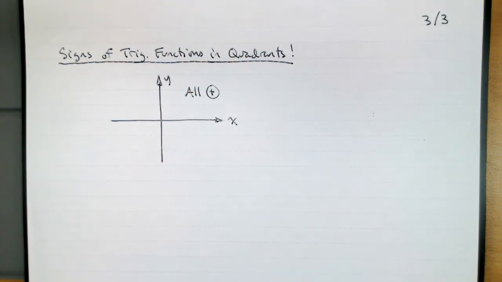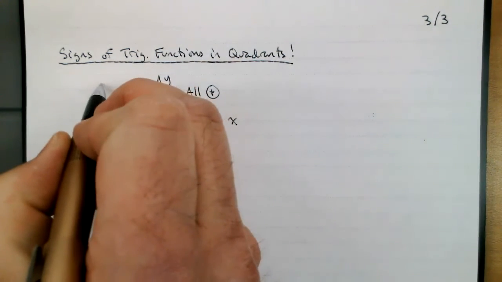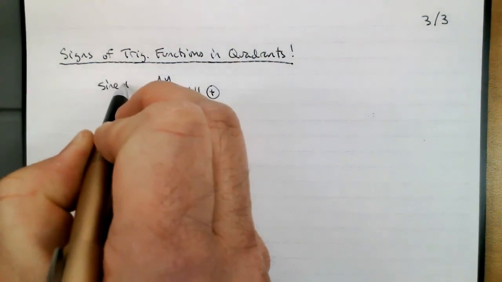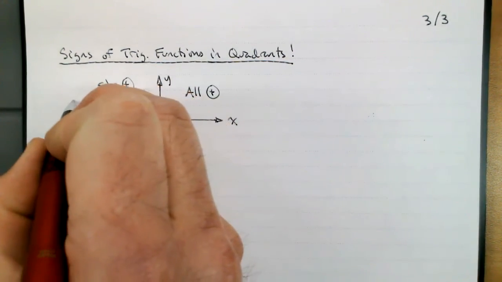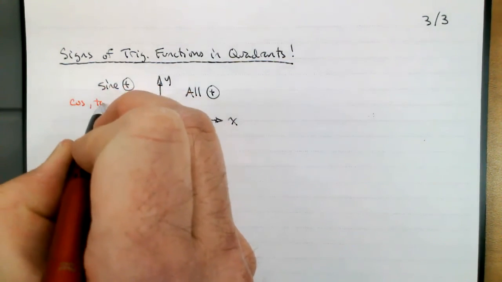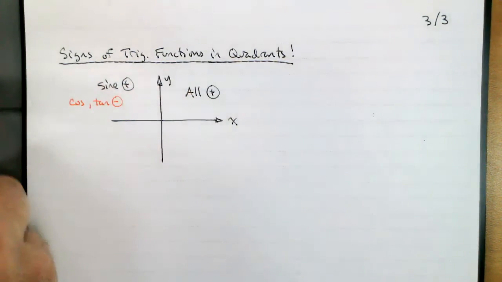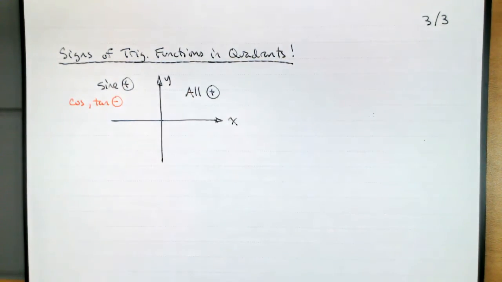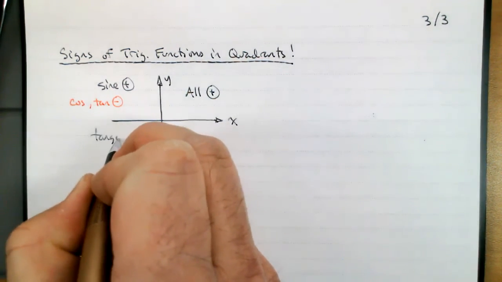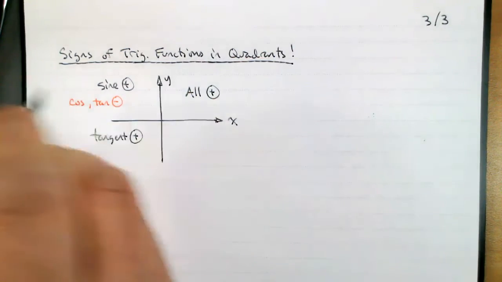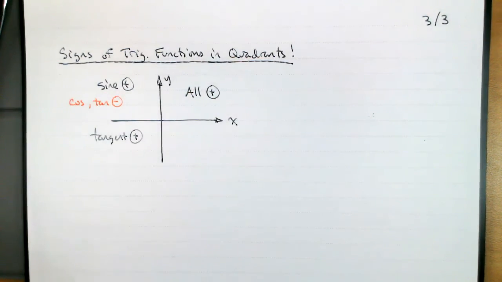In the second quadrant, sine is positive, cosine and tangent are negative. In the third quadrant, tangent is positive, sine and cosine are negative.